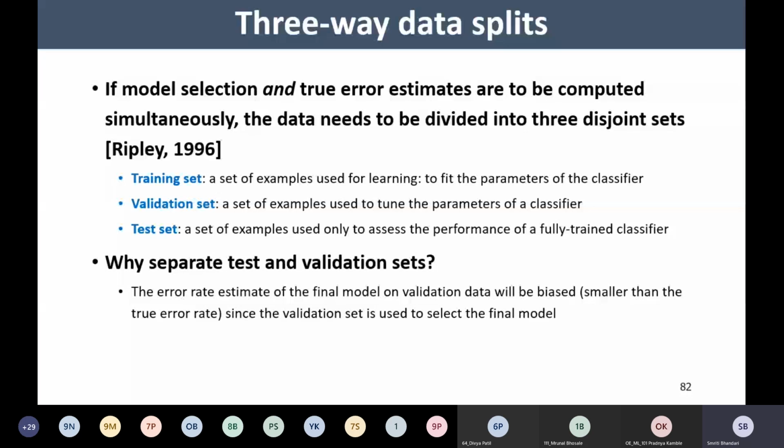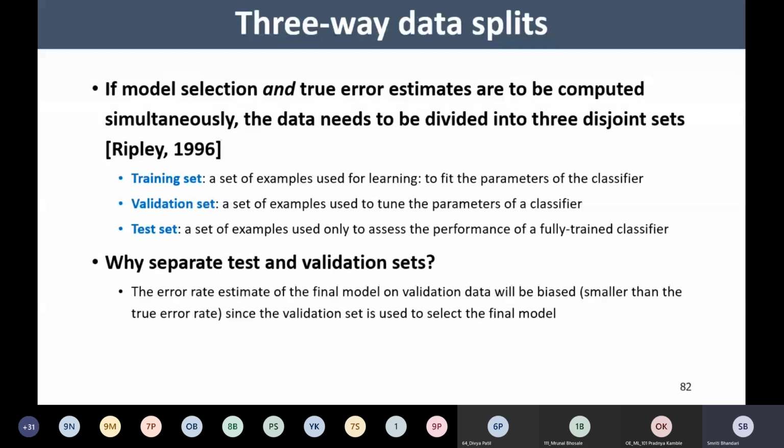If we have only one set, that is the test set or the validation set maybe, then the error rate estimate of the final model on that particular data set might be biased, meaning we may find an error that is smaller than the true error rate, since the validation or the test set, whichever we are using as the one, is used to select the final model.